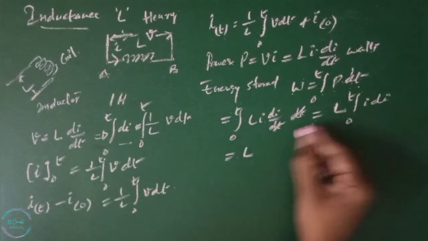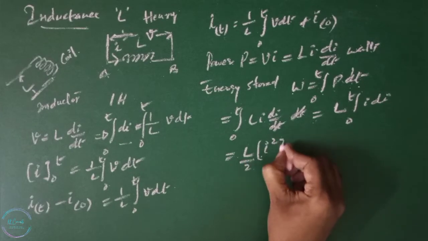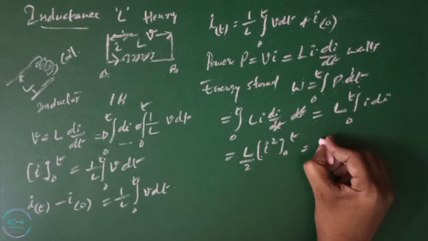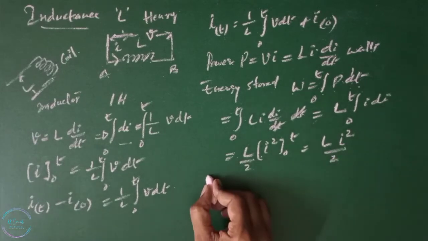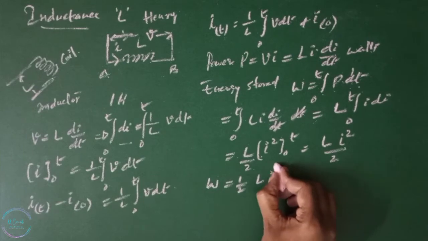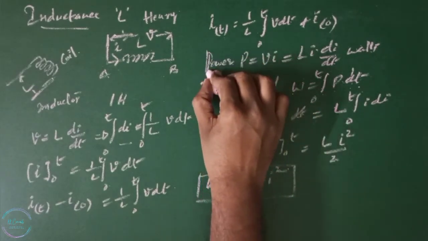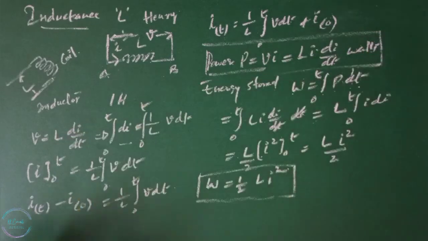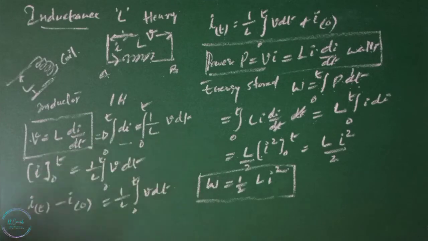Then L times I squared by 2, from 0 to t. Then L I squared by 2. So energy W equals half L I squared in an inductor, and this is the power in an inductor, and this is the relation between the current and the voltage in an inductor.